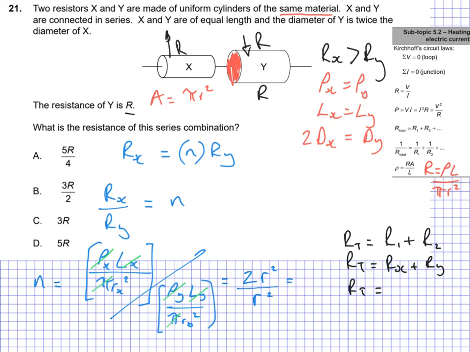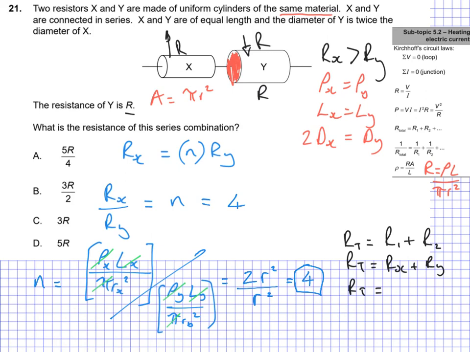Well, 2 squared is just 4, and 1 squared is 1. So this is a factor of 4. This is an important number. This is the ratio factor of the resistance of X over the resistance of Y. So that tells us that resistance X is 4 times the resistance of Y.